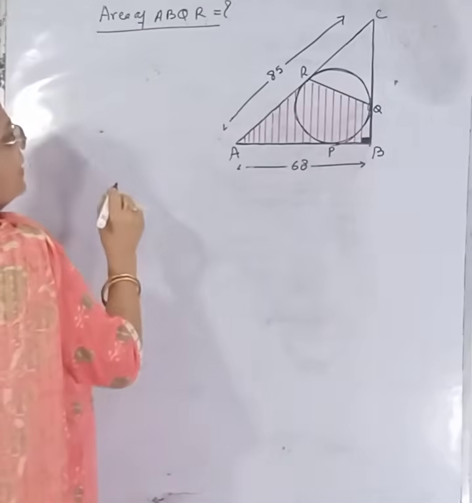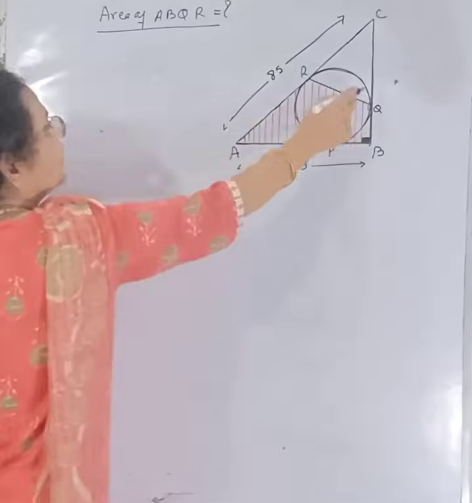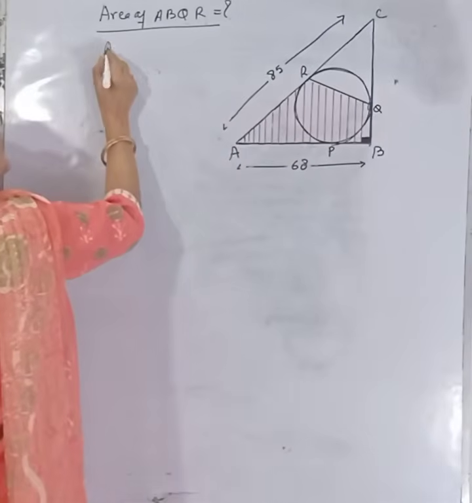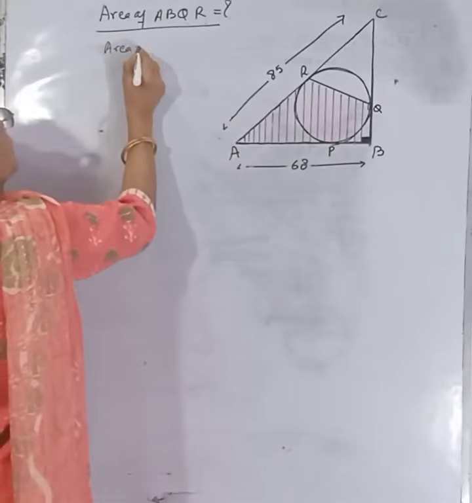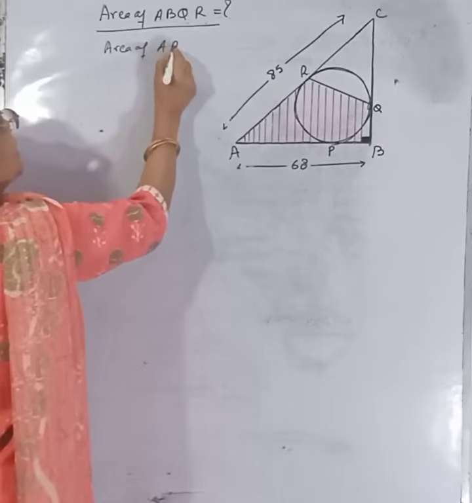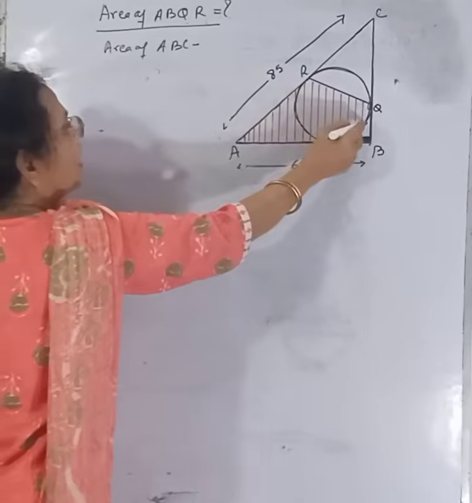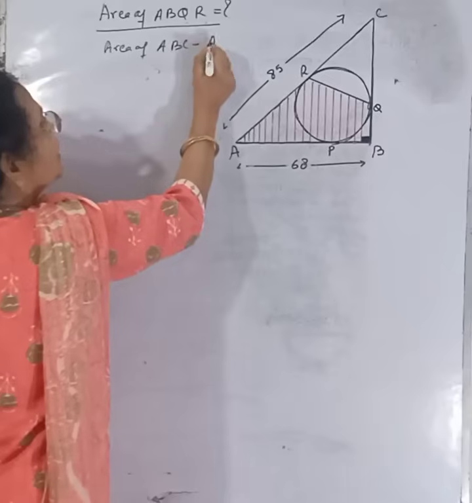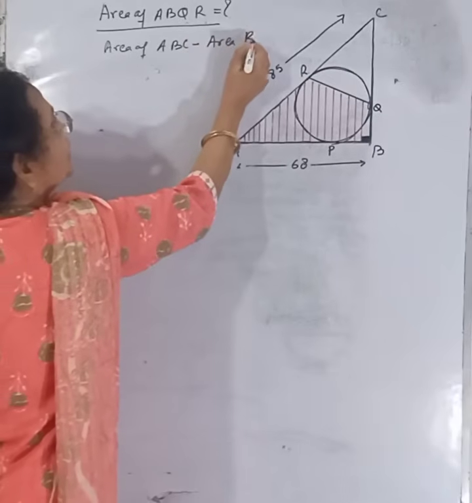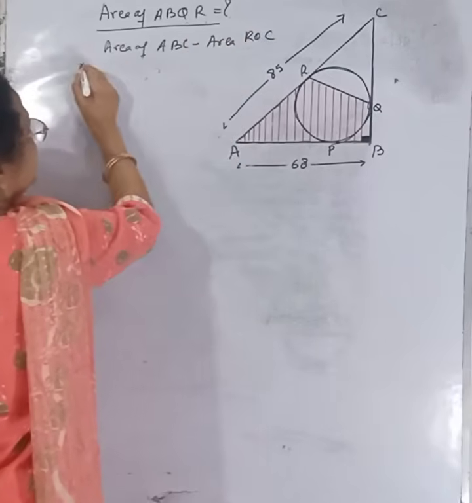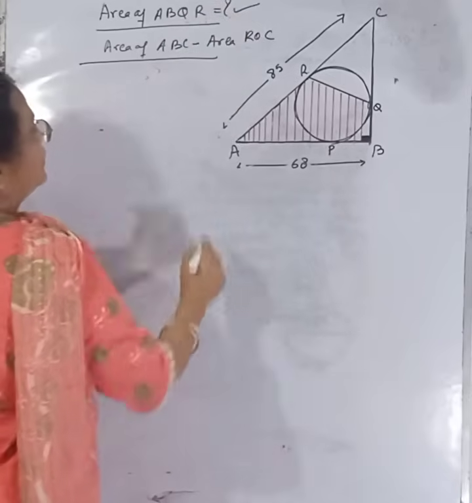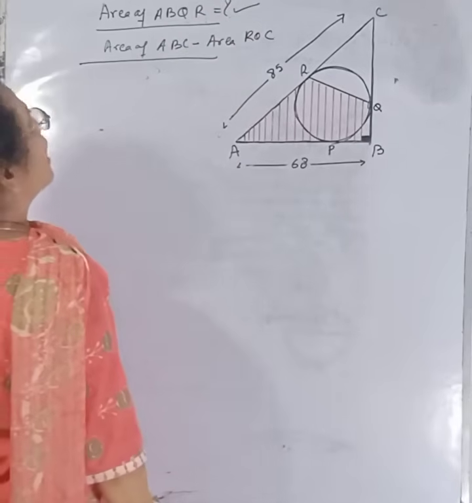Now one thing comes to mind, that if the area of ABC is known to us, area of ABC minus area of RQC, then we can obtain the area of ABQR.